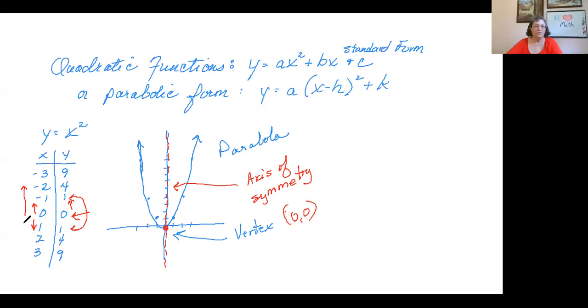So if I go 2 units away from the vertex to the 2 and -2, I get matching y values. 3 units to the left and 3 units to the right, matching y values. Therefore, these points and these points and these points.